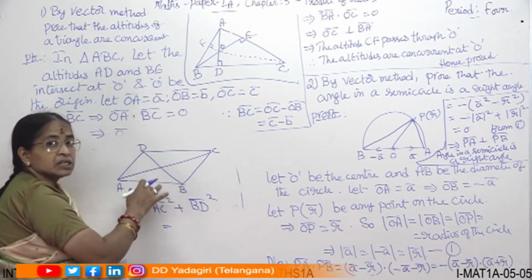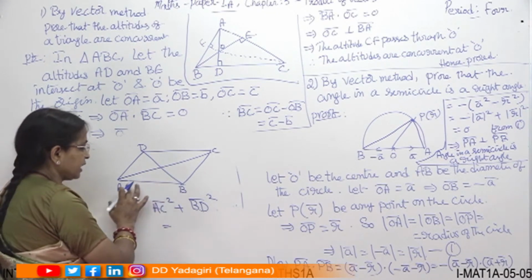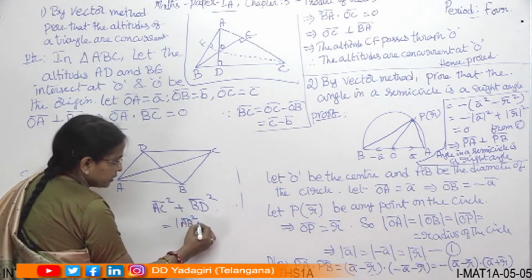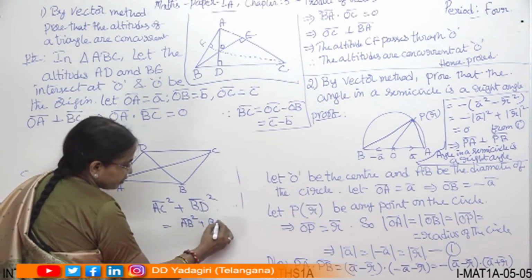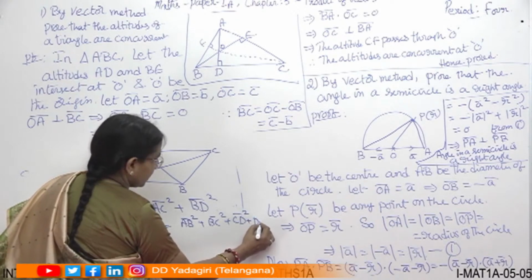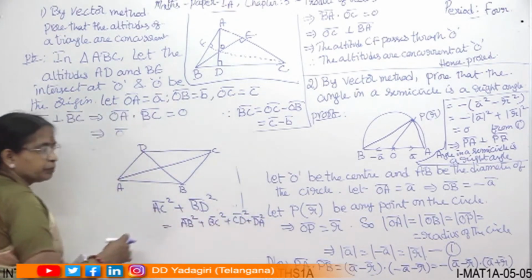Sum of the squares of the lengths of its sides means AB square plus BC square plus CD square plus DA square. So this is what we have to prove.